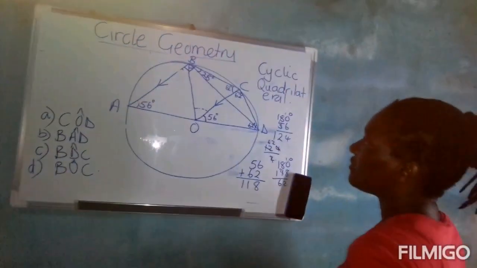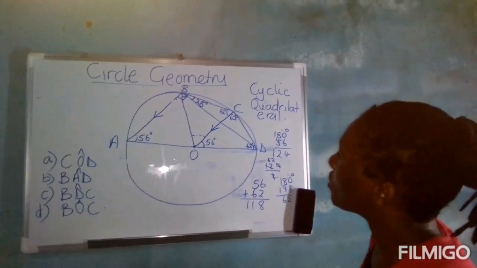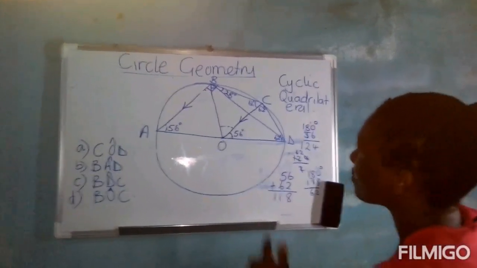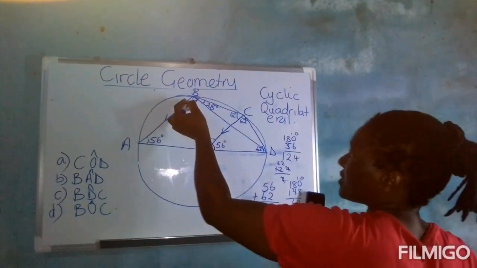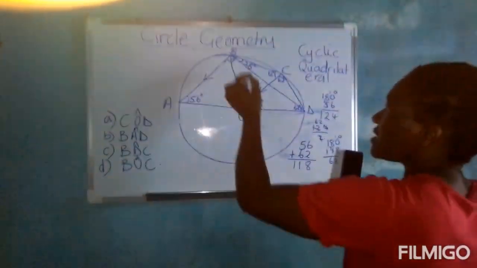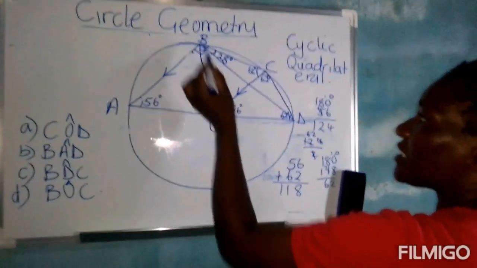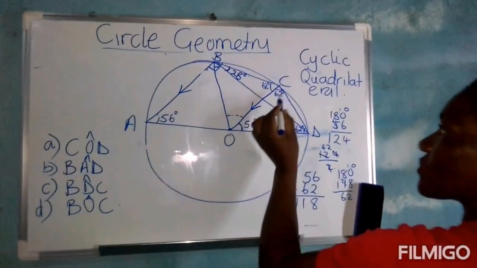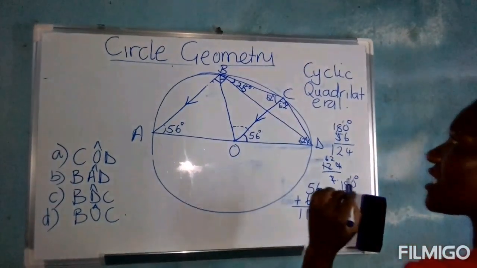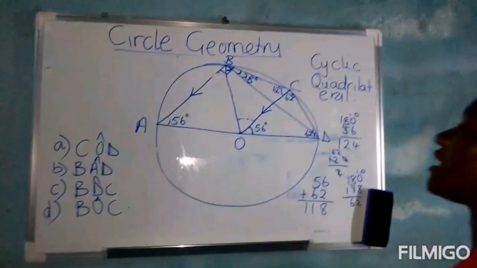So if we get this 62 degrees, we can also use this one. This is 90 degrees and this is 28 degrees, and this one is a radius, this one is a radius, so this 62 degrees is equal to this angle there.